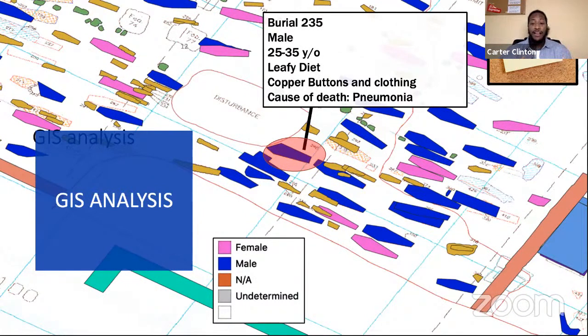So again, for other burials, we found evidence of cholera, dysentery, evidence of poor food conditions like the salmonella bacteria, just telling us more and more about these individuals.